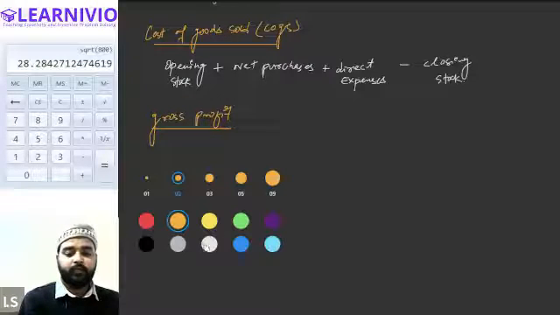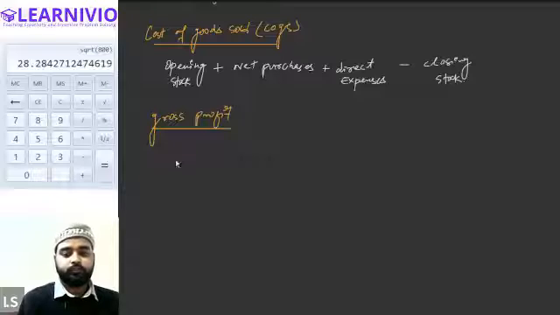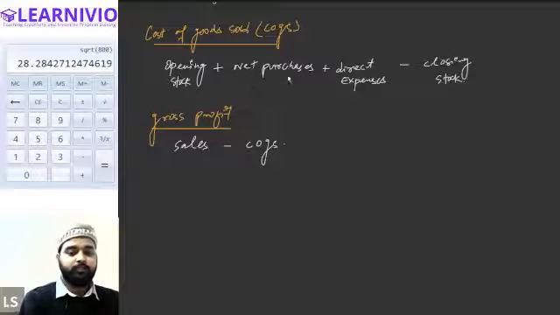From the value of the sales, if you reduce the value of the COGS, you will get the gross profit. Is that clear, all of you? Cost of goods sold is calculated by adding opening stock, net purchases, direct expenses, and reducing closing stock. And to calculate the gross profit, you simply reduce COGS from sales. Okay.